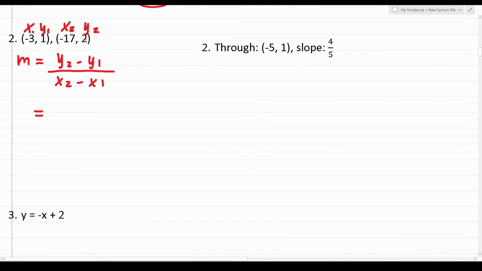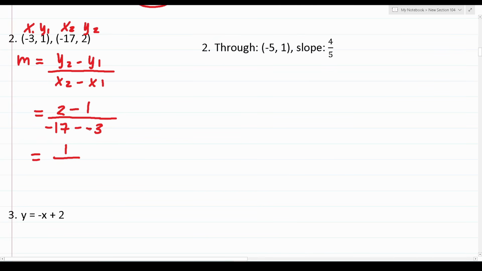Again, y2 is right there. It's 2. So this becomes 2 minus y1. It's right there. It's 1 over x2. It's right there. Negative 17 minus x1. It's right there. It's negative 3. All right, let's work this out. 2 minus 1 is just 1. Again, we have negative 17 minus negative 3.